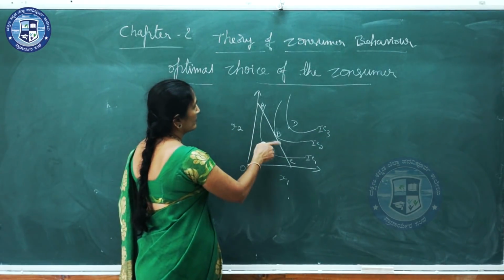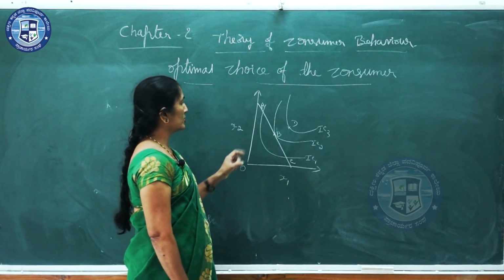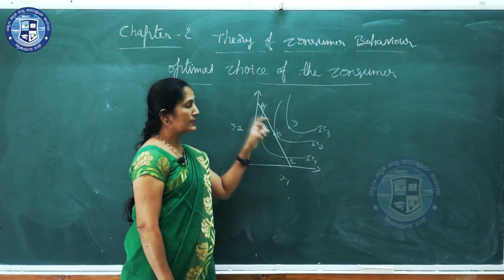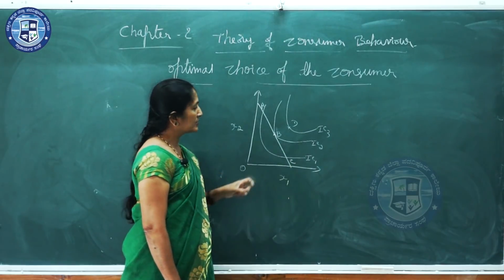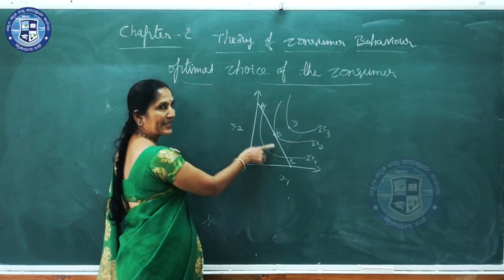And there is one combination, B, on indifference curve 2, which just touches, or is tangent to, the price line.